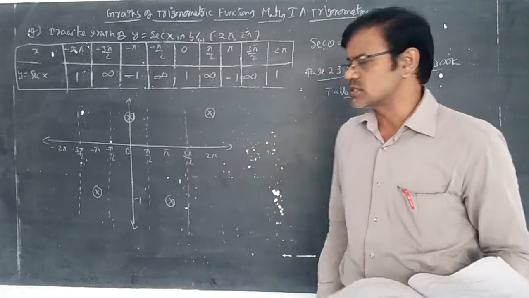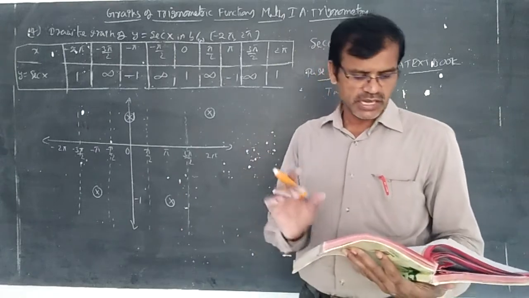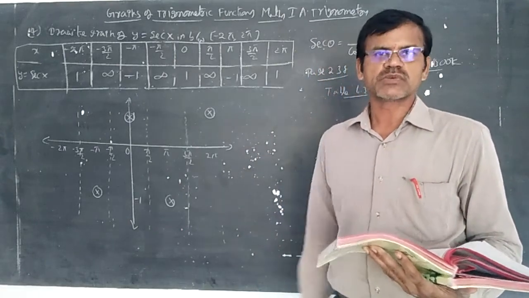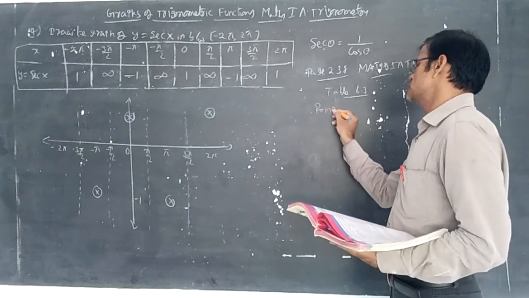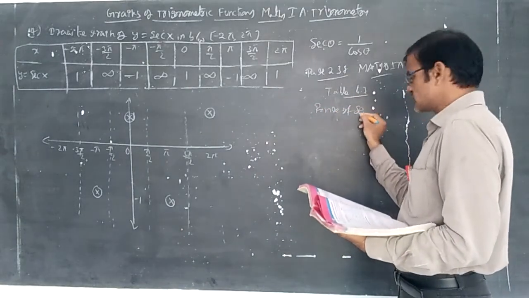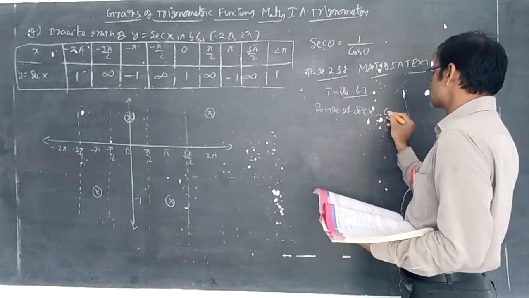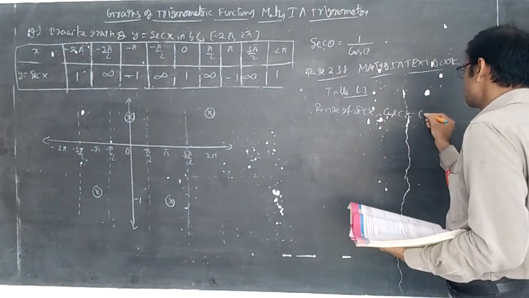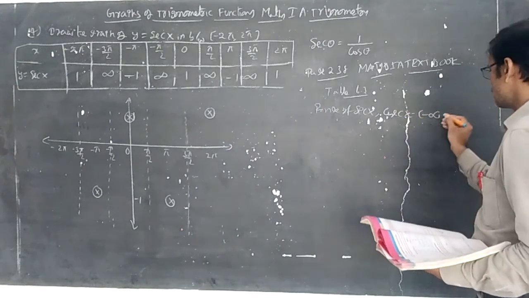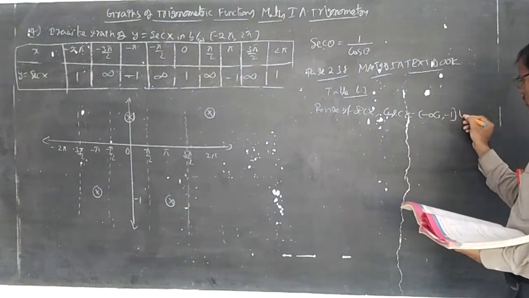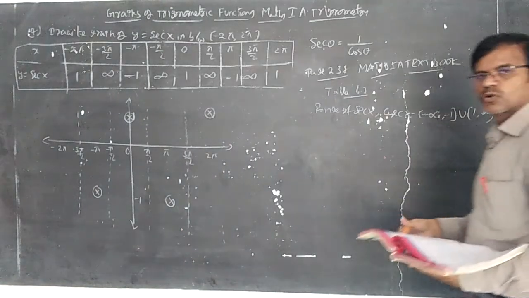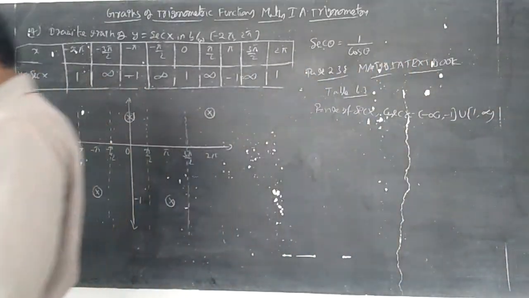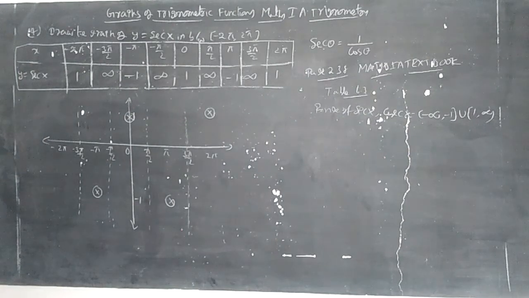Wherever you calculate the secant values, you cannot get a value between minus 1 and 1. This means there is no value between minus 1 and 1.